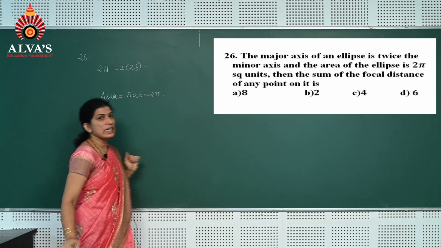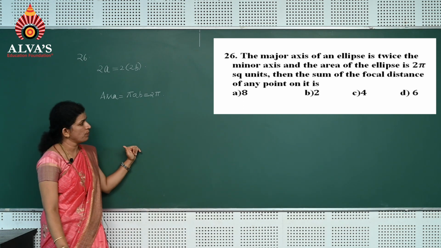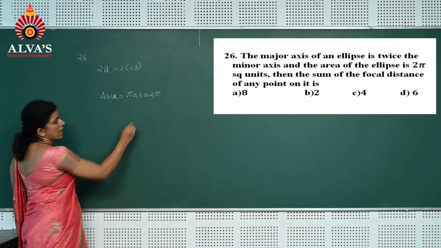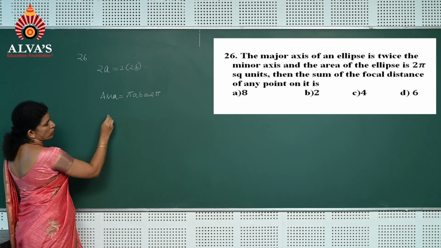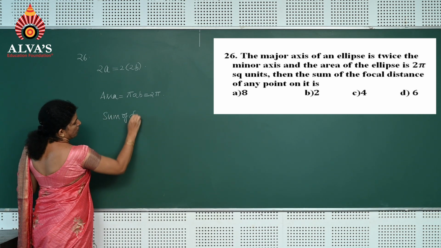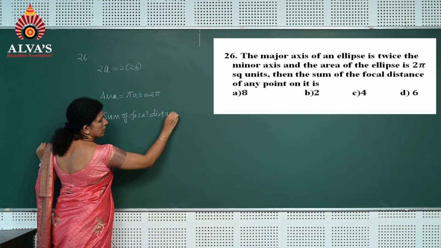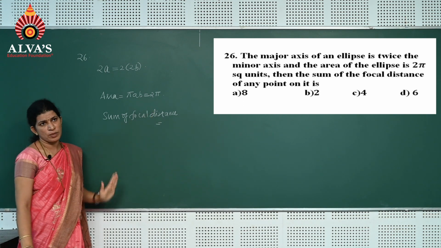We want the sum of the focal distance of any point on it. The sum of the focal distance means the sum of the distances from the foci to any point.